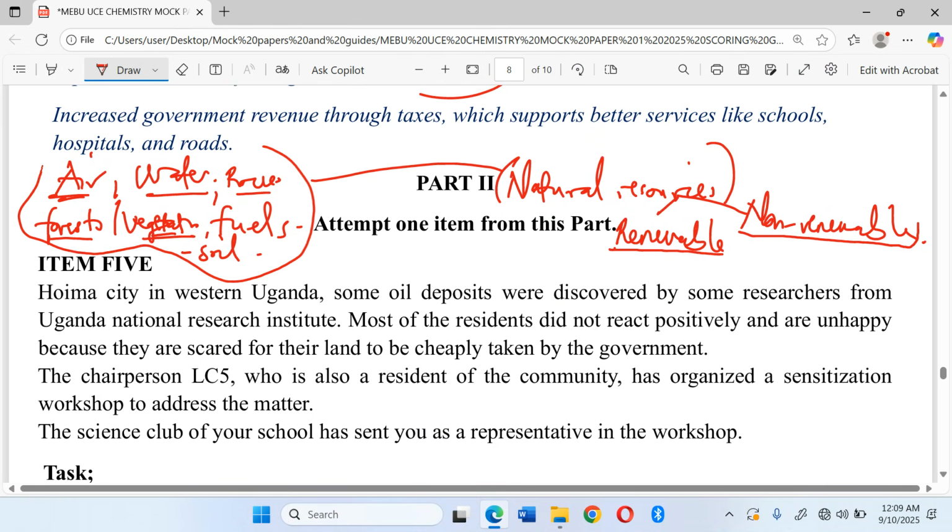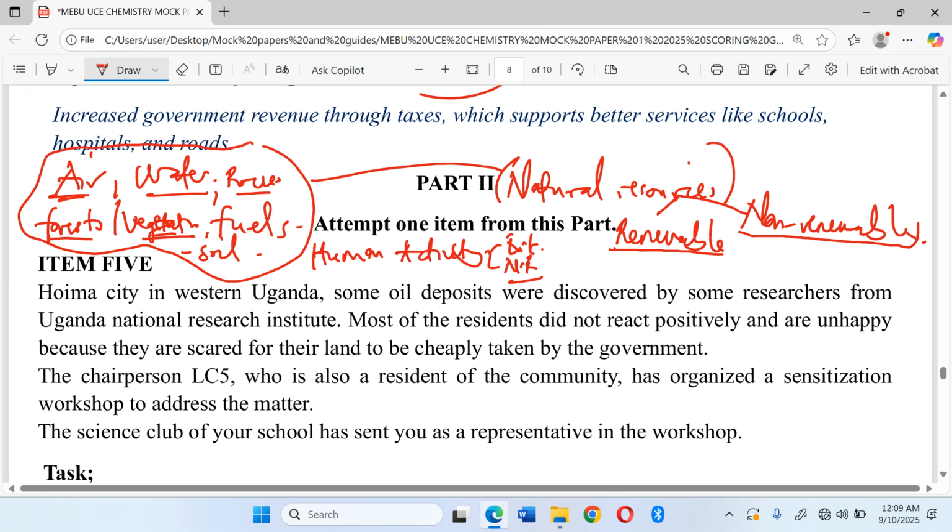Now the question is, which one is a renewable natural resource? Which one is a non-renewable natural resource? And then you also need to find out the human activity that is affecting the environment or that is affecting the natural resource.